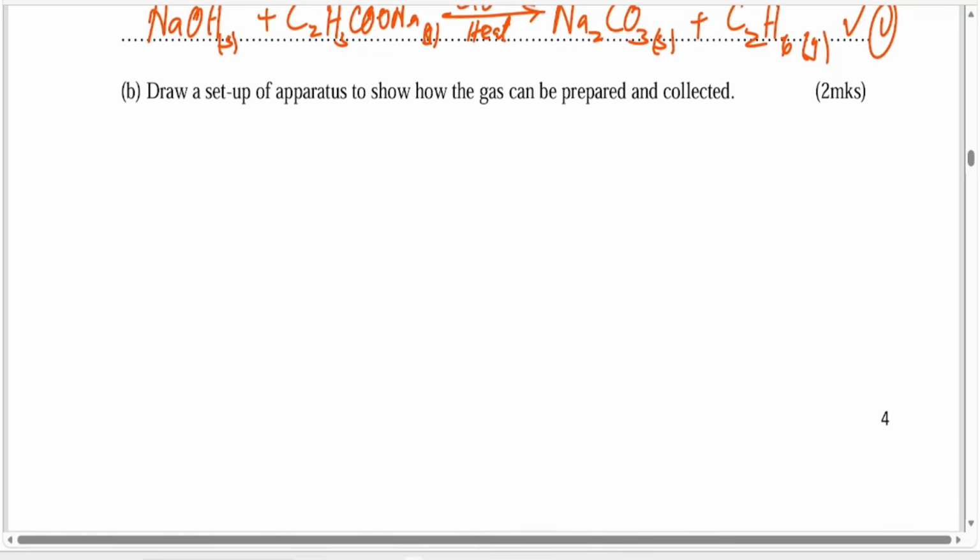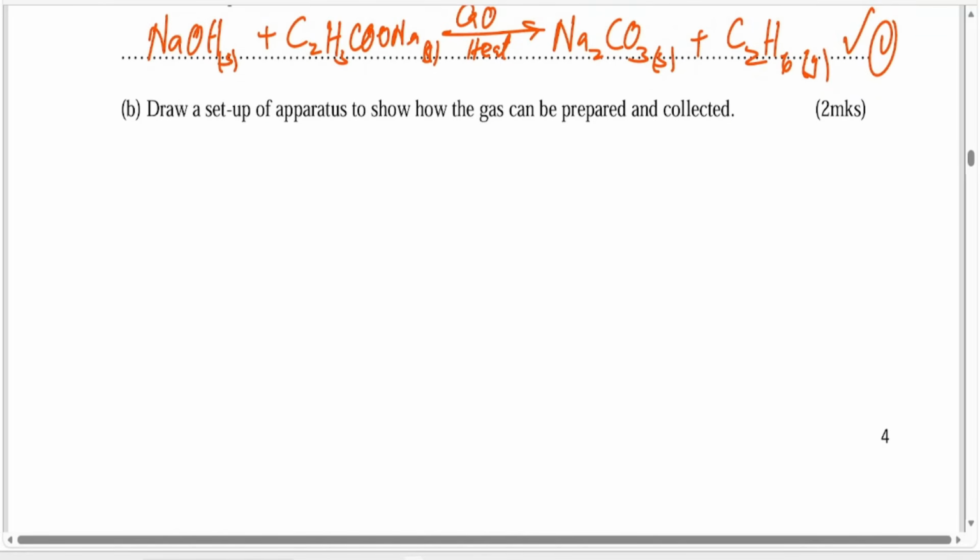Part B of the question: draw a setup of apparatus to show how the gas can be prepared and collected. So for this gas, I'll use a flask. Then of course I'm going to support my flask using a stand.